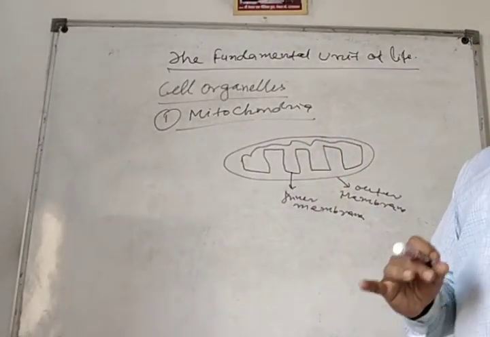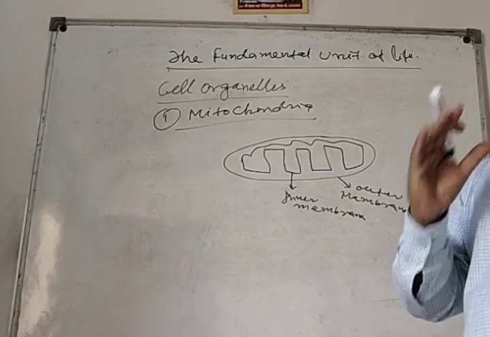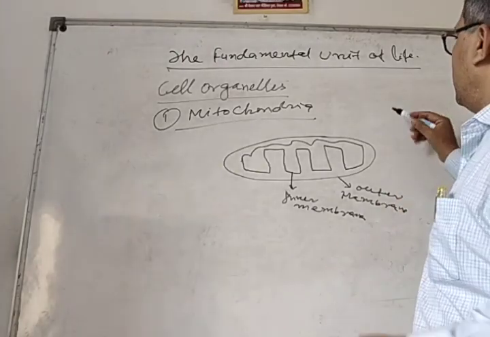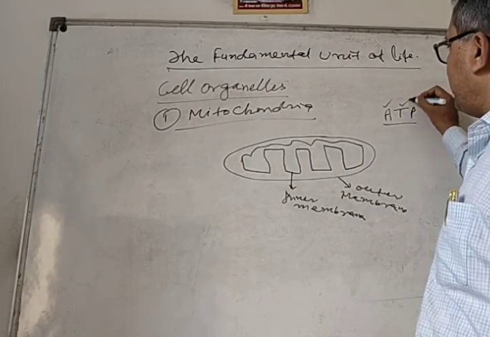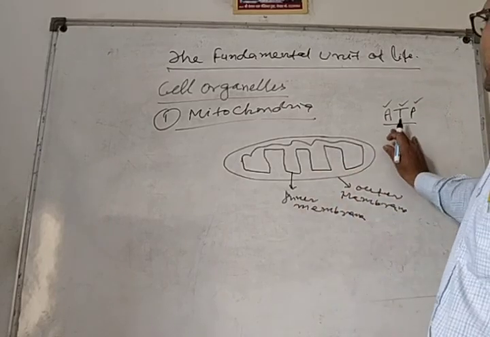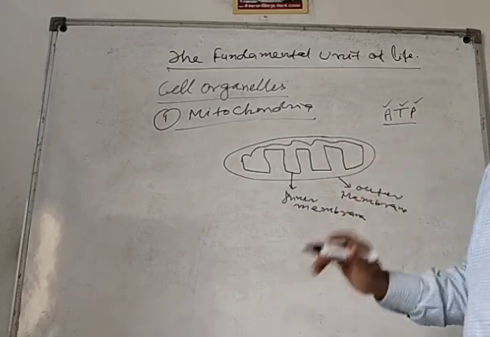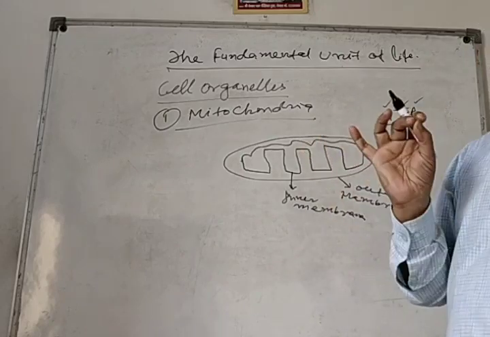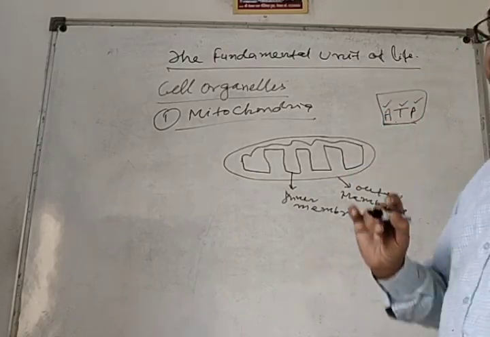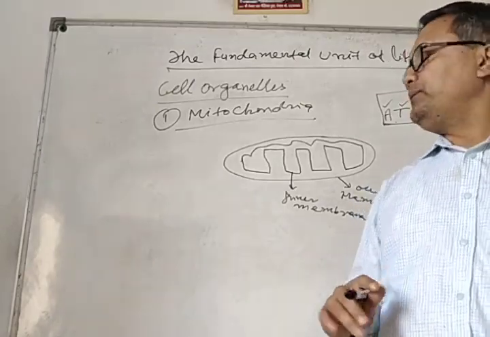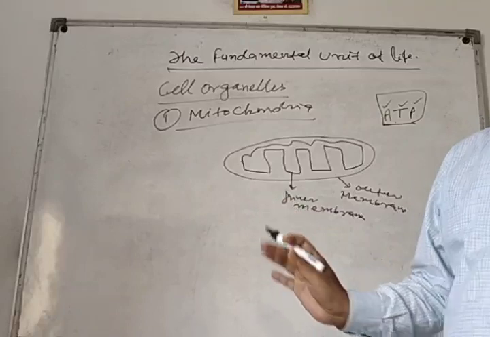It produces energy in the form of ATP, adenosine triphosphate. ADP converts into ATP, and this ATP is the energy battery of the cell, and it provides the energy. So mitochondria is called the powerhouse of the cell.